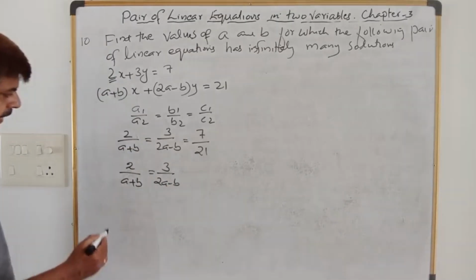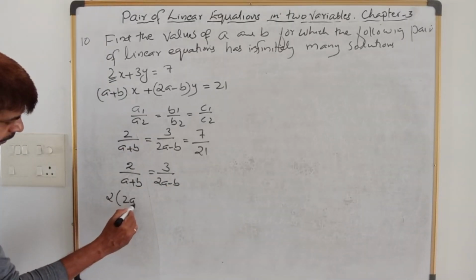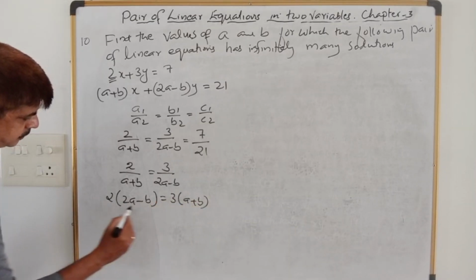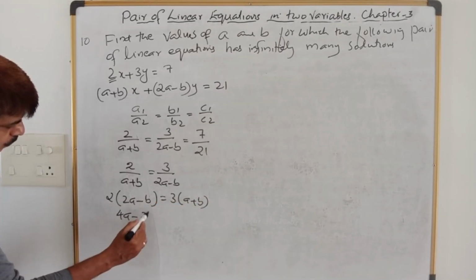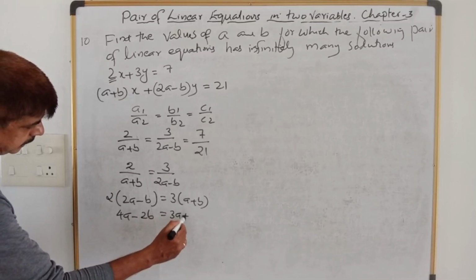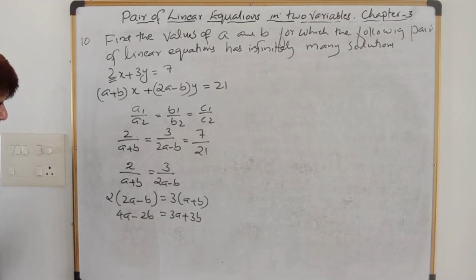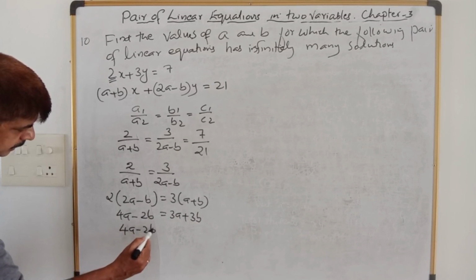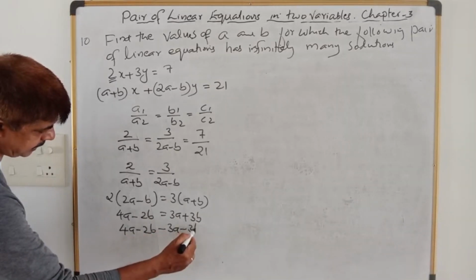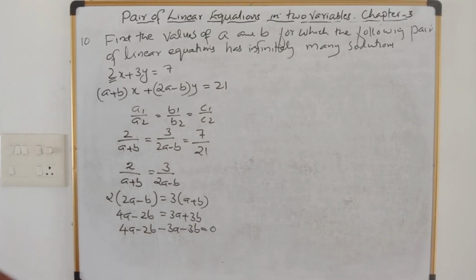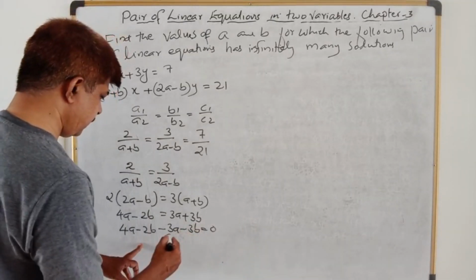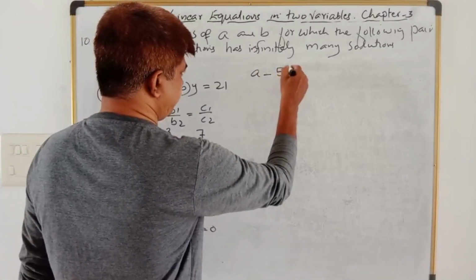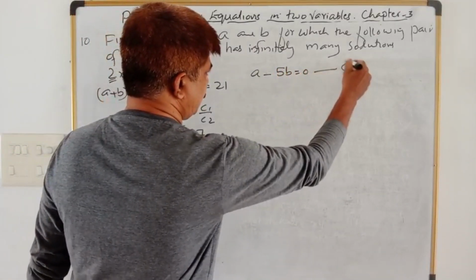Cross multiplying, 2 into 2a minus b equals 3 into a plus b. 4a minus 2b equal to 3a plus 3b. Simplifying, 4a minus 3a is a, minus 2b minus 3b is minus 5b, equal to 0.